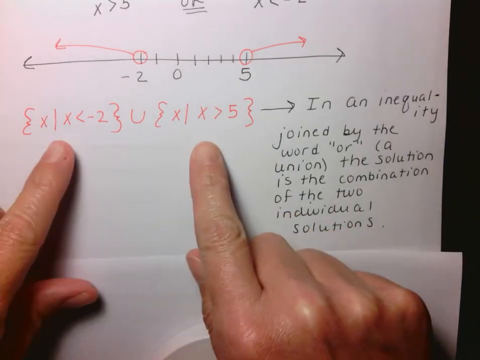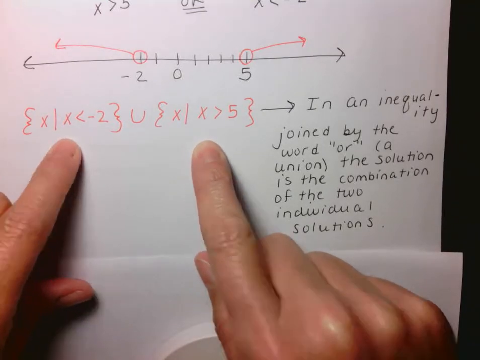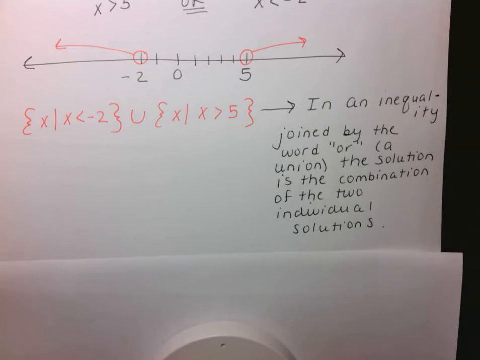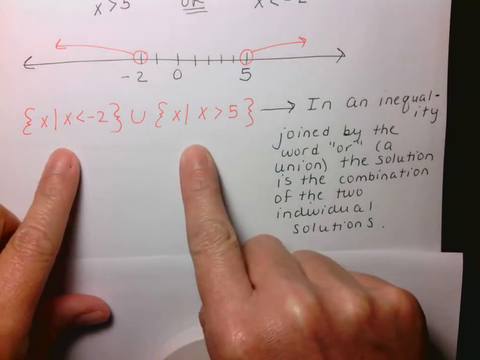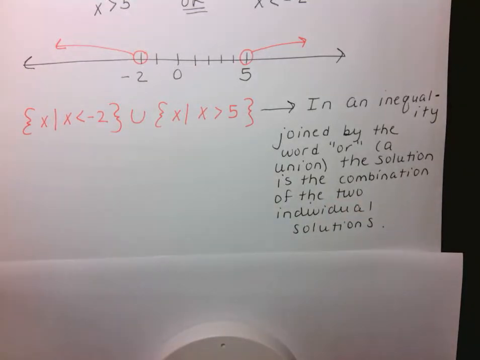You have 2 sets of numbers, x is greater than 5, and you also have x is less than negative 2. The solution is the union of these 2 sets. In an inequality joined by the word or, the solution is the combination of the 2 individual solutions.